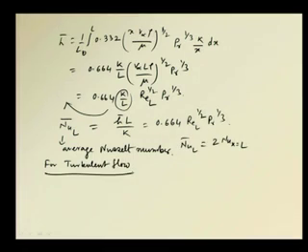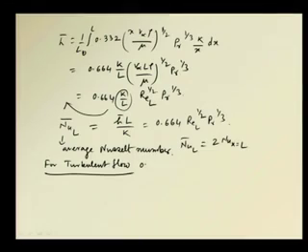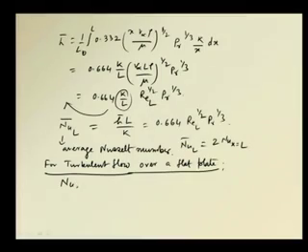So, for turbulent flow over a flat plate, again we are discussing flow over a flat plate, we have an expression for Nusselt number NuX. Again, it is a local Nusselt number.